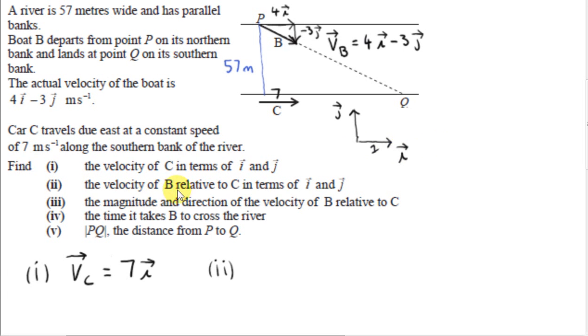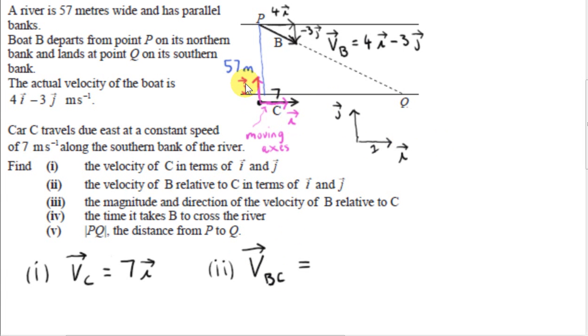Next we want the velocity of B relative to C in terms of I and J. As we've seen in previous videos, we write that as VBC. It means the velocity of B relative to C. So we've got to imagine a set of axes centered at C. This dot represents the car, and these axes are moving with the car.